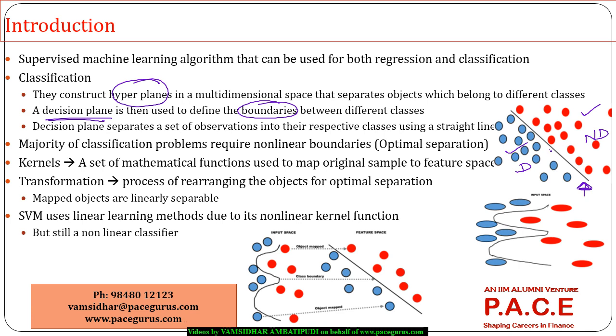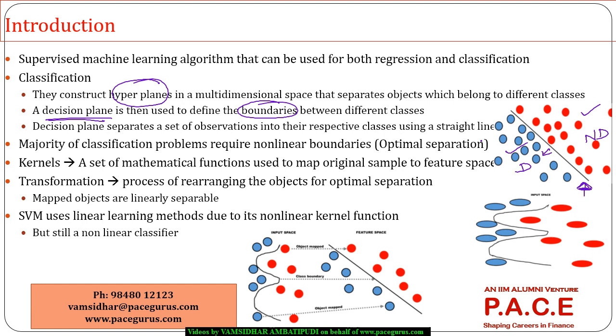We are creating an equation out of this plane, and values which are lesser than that will fall into the default category. Values which are higher than that will fall into the non-default category. So there is a decision plane which we define, based on which we identify when an element will fall into the default category and when it will fall into the non-default category.